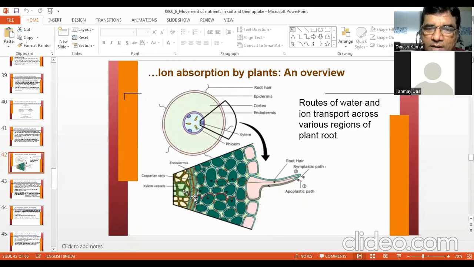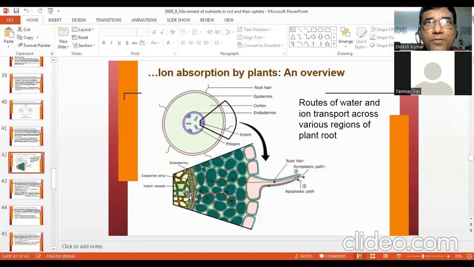Then it has to enter the cell up to the Casparian strip or up to this endodermis. It is apoplastic movement, no problem. It will go up to here, but from this point onward, it has to follow the symplastic movement. Then the apoplastic ions will move into the cells and then they will be loaded into the xylem.